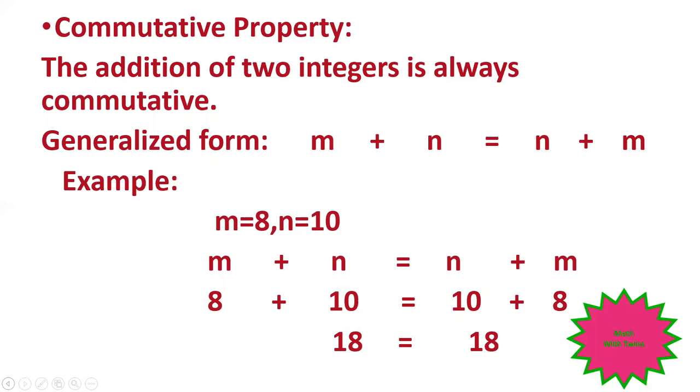It results in 8 plus 10 equals 10 plus 8. Calculating further, 8 plus 10 equals 18 and 10 plus 8 is also equal to 18. So the commutative property holds good as LHS equals RHS.